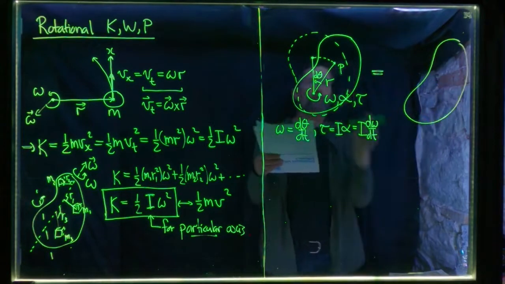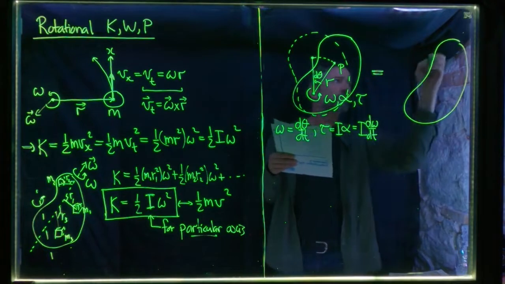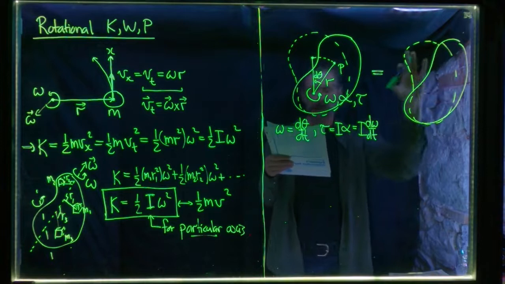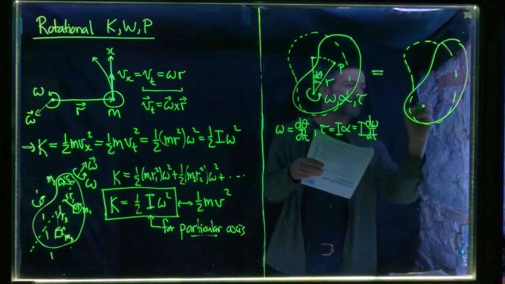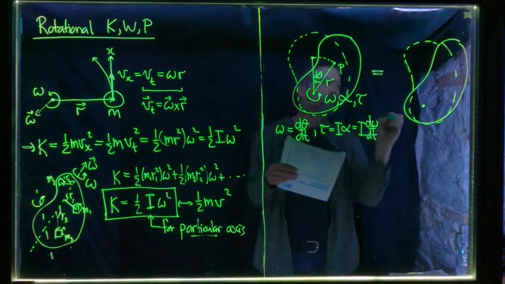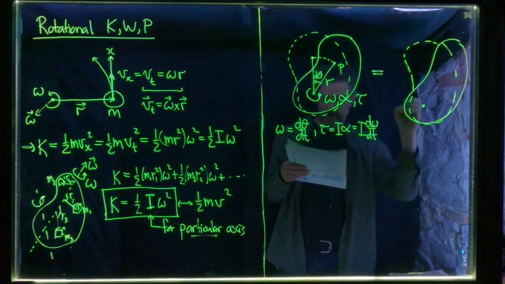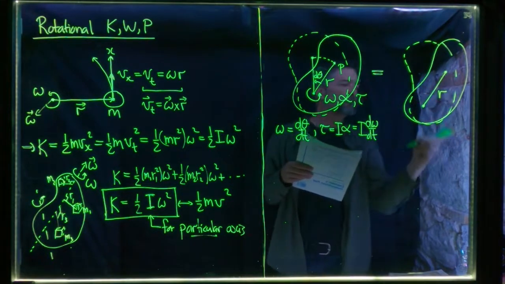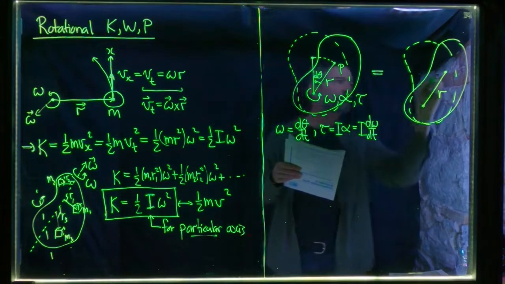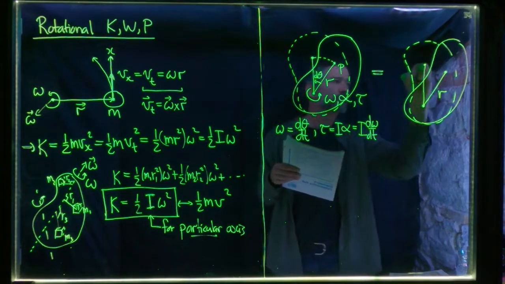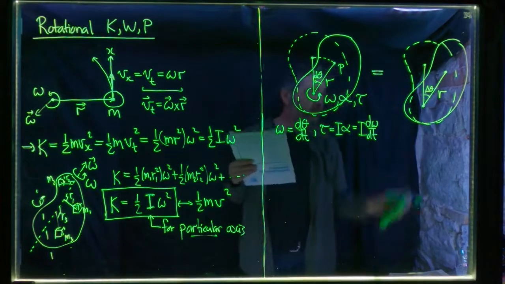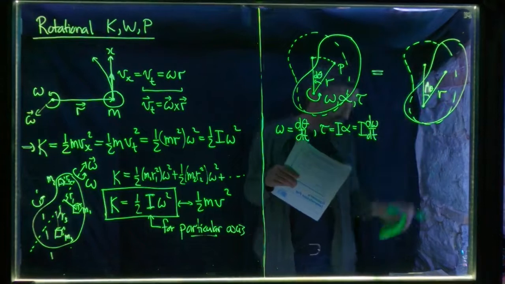So here's our original rigid body, and then after a small amount of time dt, that object will rotate around to a new angular position. And so we had before, here's the pivot point through which the axis of rotation passes, and then we have a point P over here, located at perpendicular distance r from the axis of rotation, and P has moved from here to here through some angular displacement d theta.